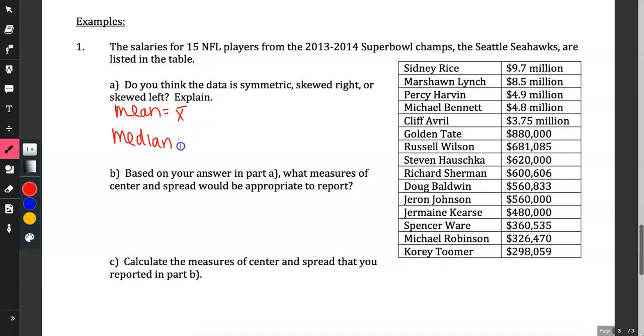Mean is X bar, and median, it'll say MED, M-E-D, on your calculator. But when you type this in, you can type in just 9.7. You don't need the millions, so just type in those decimals. And then for these guys, you're going to type them in as decimals. So I'll write out what you should type in. We won't see ones like this a lot, so I'll just show you right here. 0.88, 0.681, 0.62.